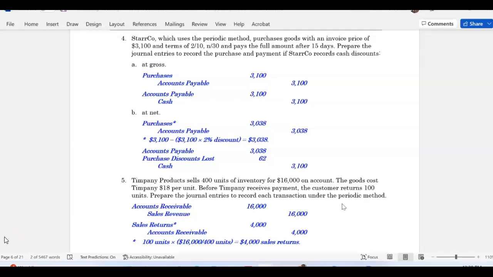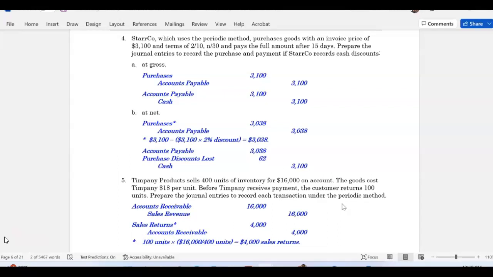If you read your book, you will see that cost of goods sold needs to be recognized at the end of the period. And all those temporary accounts, which are purchases, they need to be closed, because those are all temporary accounts.